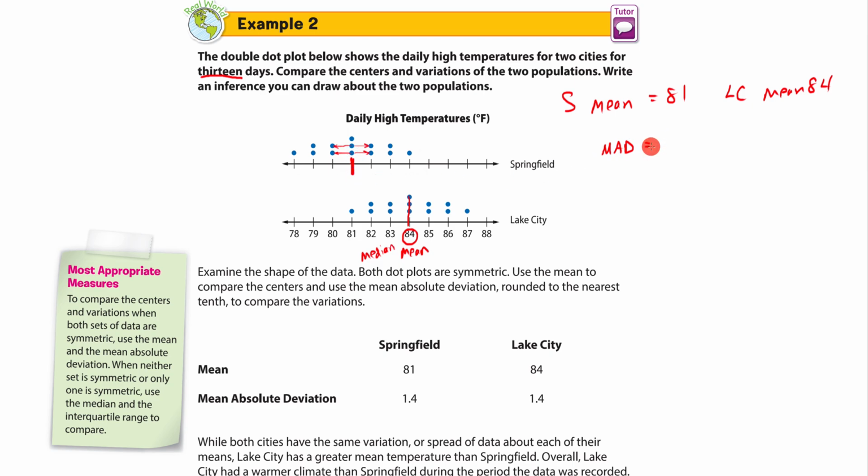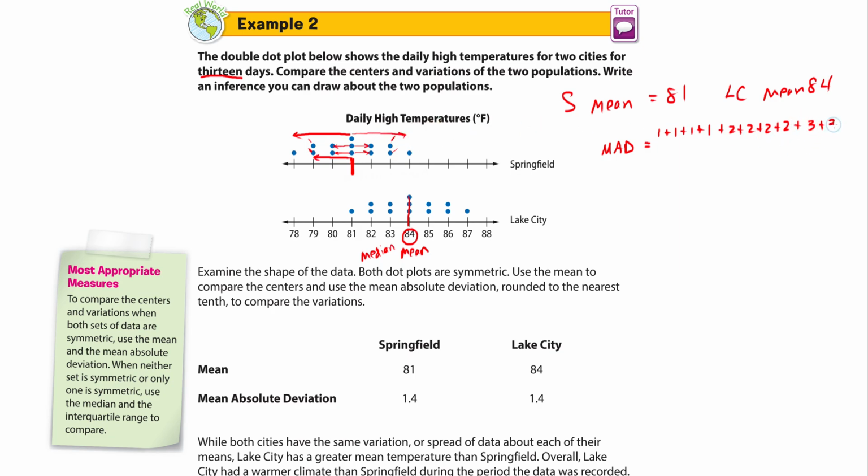So to do the mean absolute deviation, I'm going to have 4 dots that are 1 away, and then I'm going to have 1, 2, 3, 4 dots that are 2 away. So I'm going to have a bunch of 2's, and I'm going to have 4 of those. And then I have a single dot that is 3 away, and then a single dot that is 3 away. So I have 2 3's.